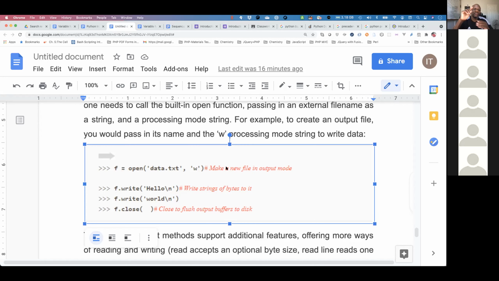If you want to read from it, you do just one operation. And then there's r+, which will allow you to do both. And then you also have the a for append. Append will always just add on to the bottom of whatever is already there.